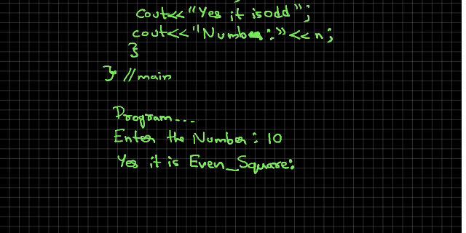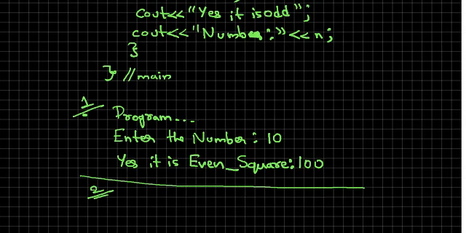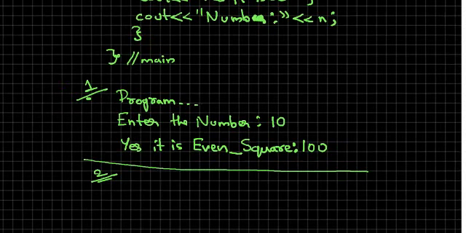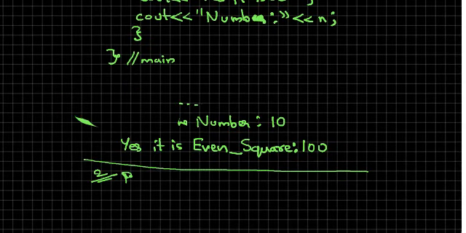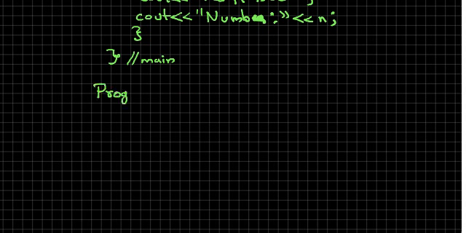And if it is odd, how will it be? Sorry, I'll erase this. So how will the output be if it is odd? That is "Program...", and the second is "Enter the number".